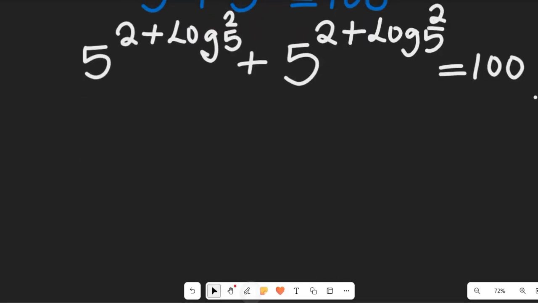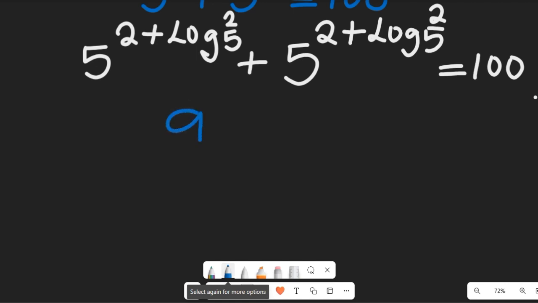If we simplify this, we're going to have, recall this law of logarithm. If we have law of indices, a to the power of x plus y, this can be equal to a to the power of x multiplied by a to the power of y.